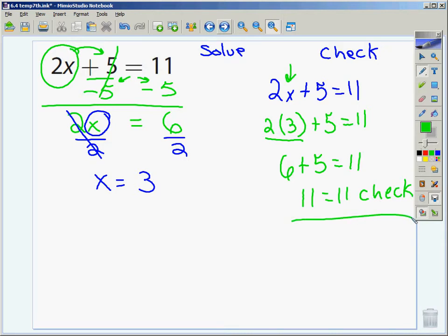Question? Couldn't you just like guess and check on here? I could, but I'm going to tell you that if you get in the habit of guessing and checking, are you going to be able to guess and check your way once they throw decimals in? How about fractions? But this method will work how much of the time? All the time, if you keep undoing what's happening to the variable. That's why we learn to solve them this way.